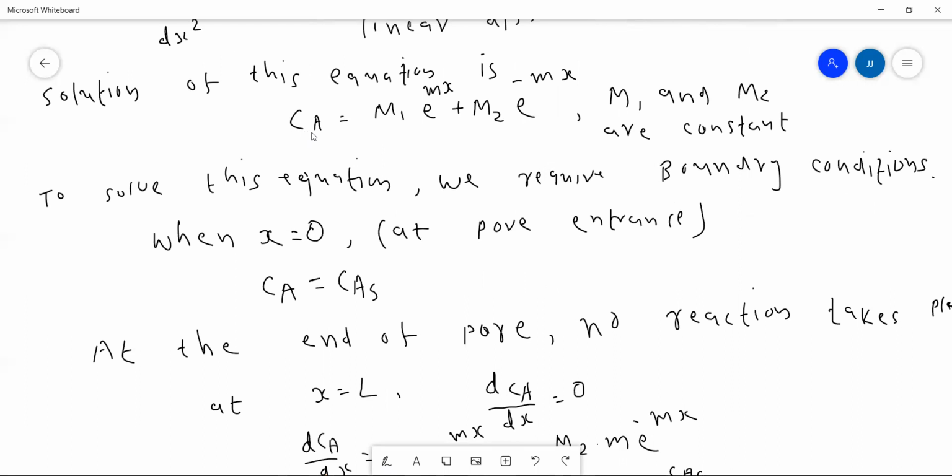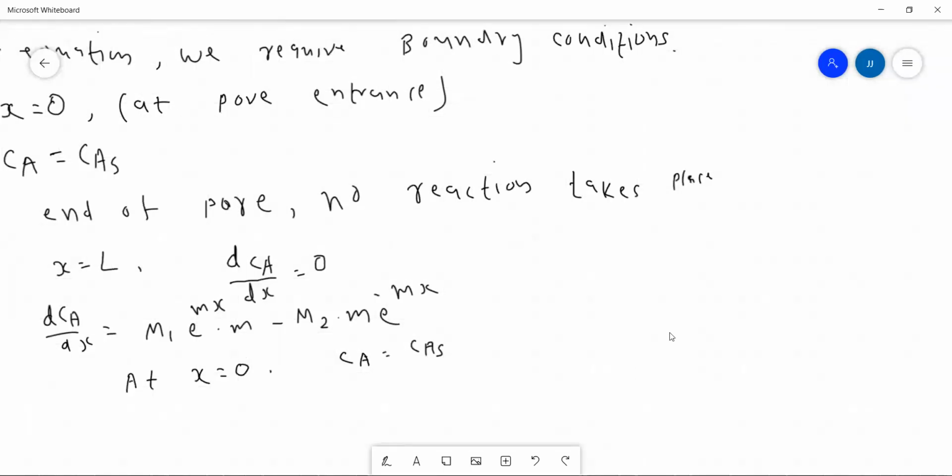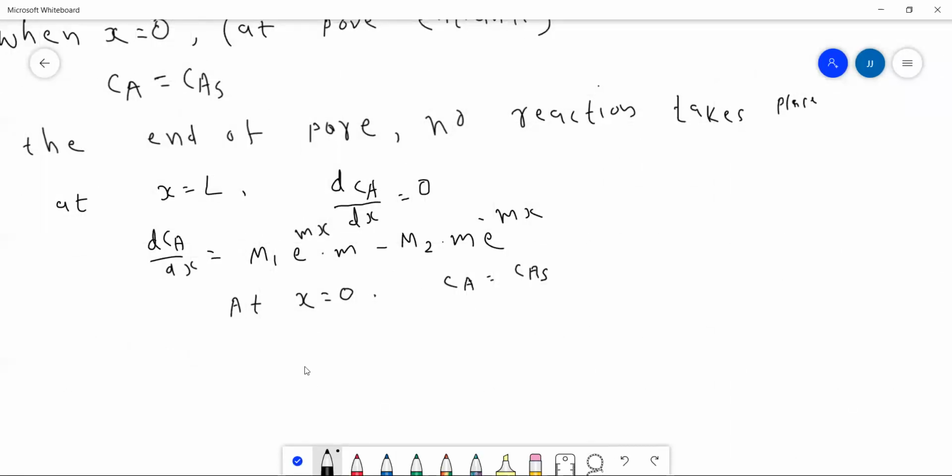So this equation becomes CAS is equal to, this is 1 because the power is 0, and again this is 1. So this equation becomes CAS is equal to m1 plus m2. Let's call this equation number 2, for example.